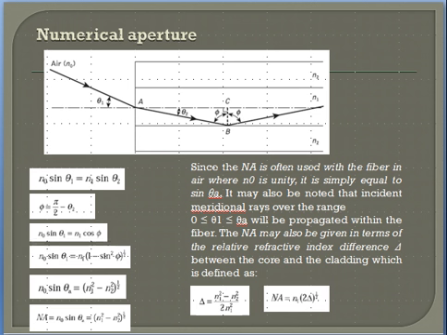The numerical aperture may also be given in terms of the relative refractive index difference between the core and the cladding, which is defined as delta equal to (n1 squared minus n2 squared) divided by 2 n1 squared. This can be simplified, and finally we can write NA equal to n1 into (2 delta) whole power 1 by 2.